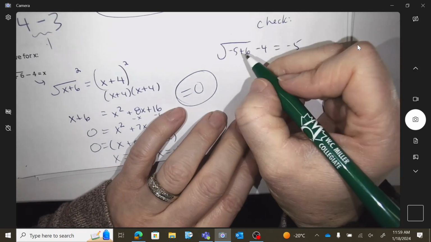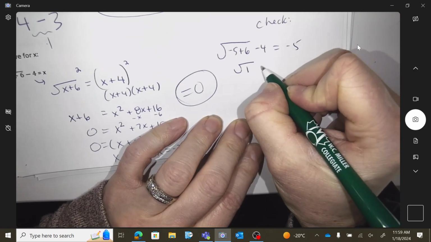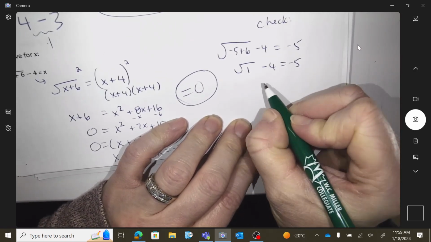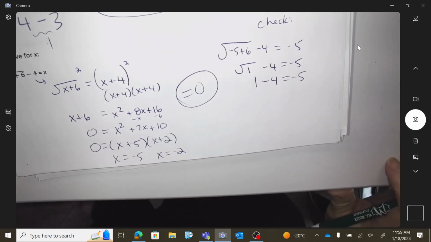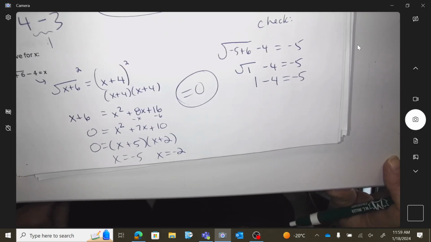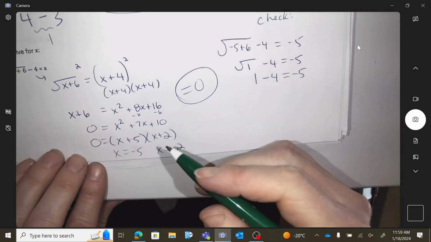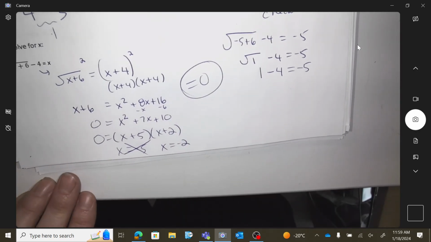Okay, so here I go. The square root of 1 minus 4. 1 minus 4. What do you think about that? Not working out. So I'm going to cross that one off.